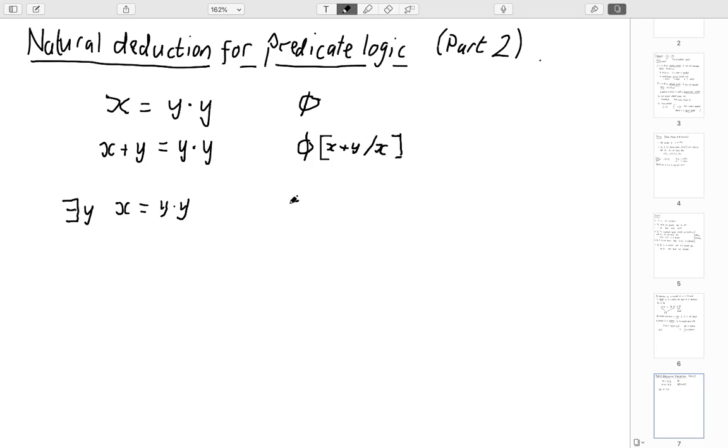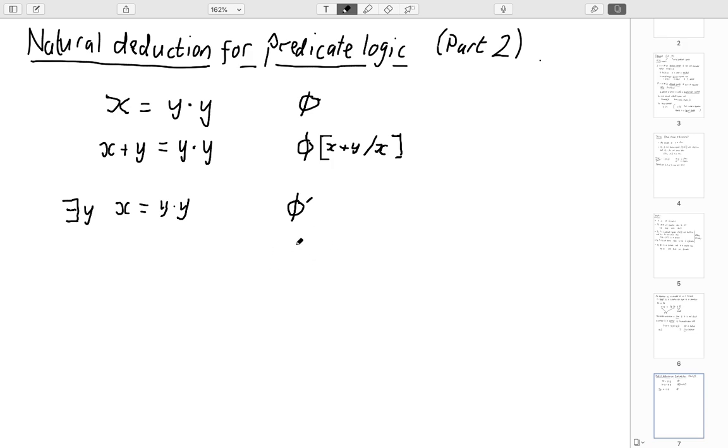So it's saying, well, let's just interpret in the integers. So in that we can say this property is expressing that x is a square number. So again, we can perfectly well substitute x plus y for x here.